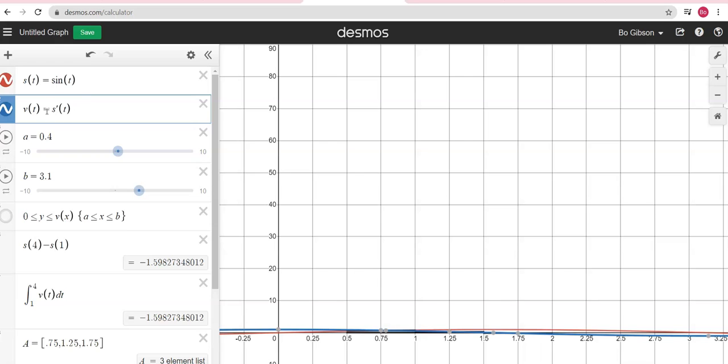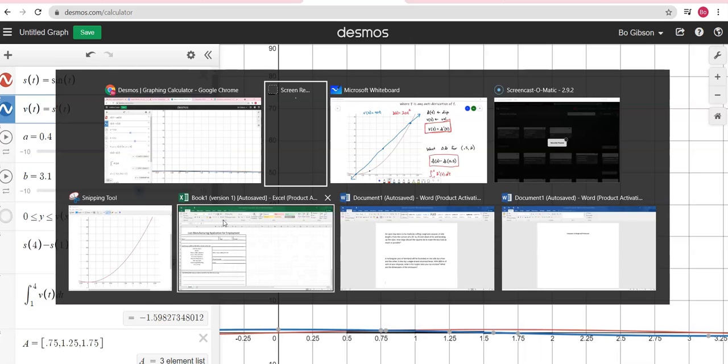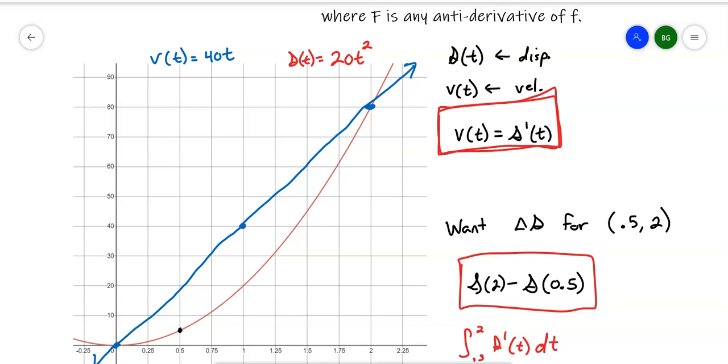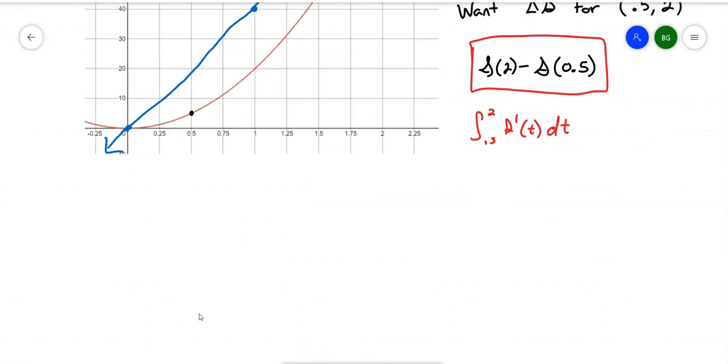Or another way to say that is, if I want to evaluate this, all I need to do is find a function that when I take the derivative, I get my original, and then I can just evaluate the endpoints. And so, as an example, let's come up with a pretty simple example here.